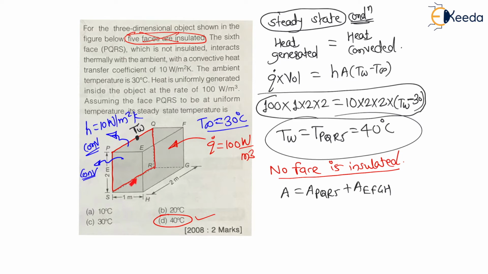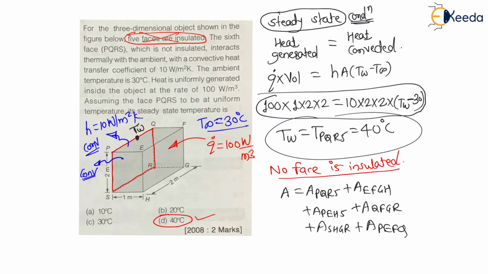Again the front area, that is the area of PEHS, plus the back side area, that is the area of QFGR, plus the bottom area, that is the area of SHGR, plus the top area, that is the area of PEFQ.